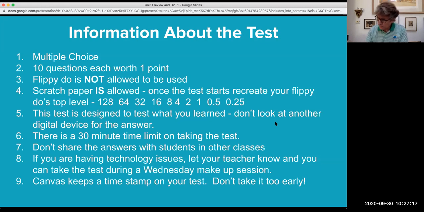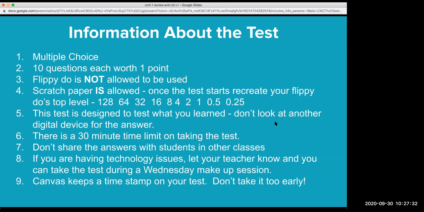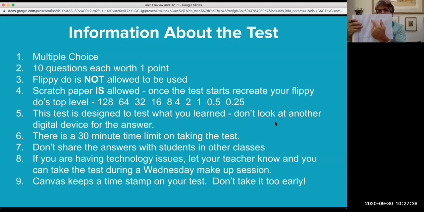So the first one is 2 to the 0 is 1, then 2 to the 1 is 2, then 2 to the 2 is 4. So when I come into my test, I'm going to start writing just 1, 2, 4, 8, 16, 32, 64, 128. If you want, you can go to 256.